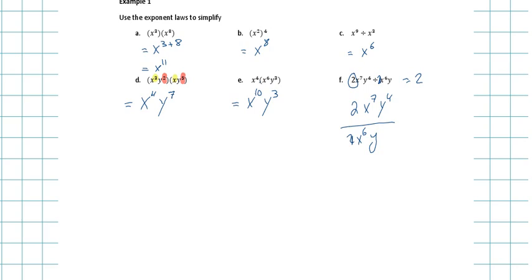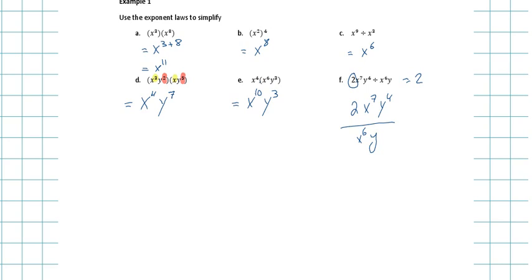Okay? So if I had, let's say, 4x squared divided by 2x, what you have to do is 4 divided by 2. Okay? So now, x to the power of 7 divided by x to the power of 6, what do you get? x.